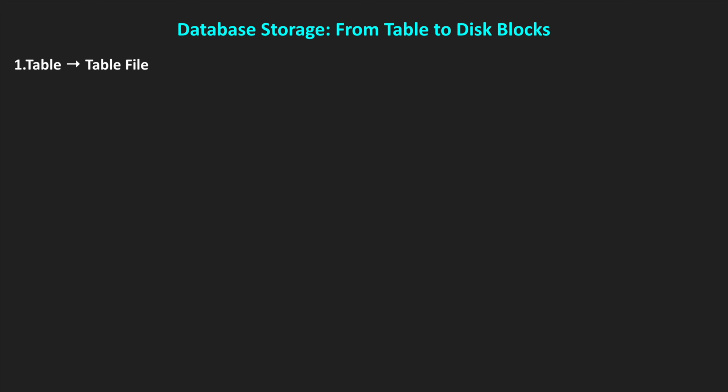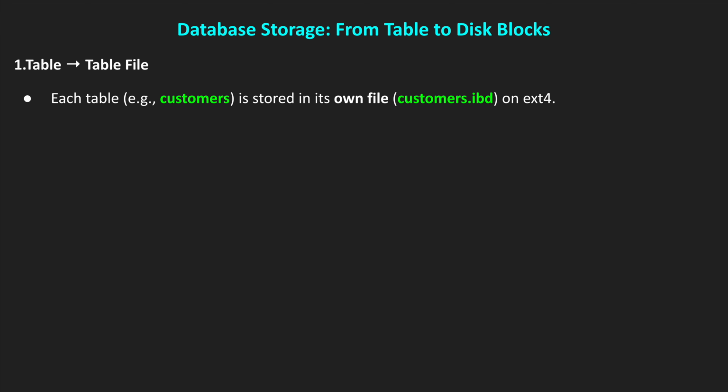When we create a table, on the file system side, as we have seen earlier, the corresponding file is created. For example, for the customers table, the customers.ibd file is created in the ext4 Linux file system. On the database side, the database doesn't care about the physical layout.